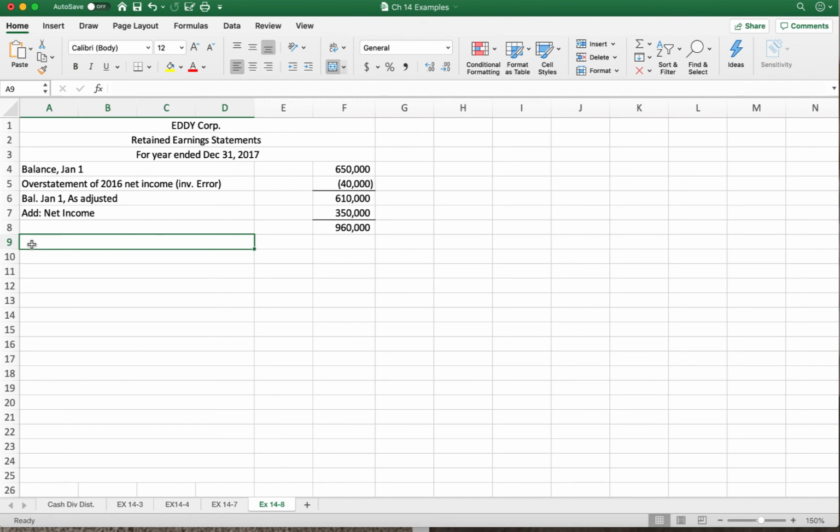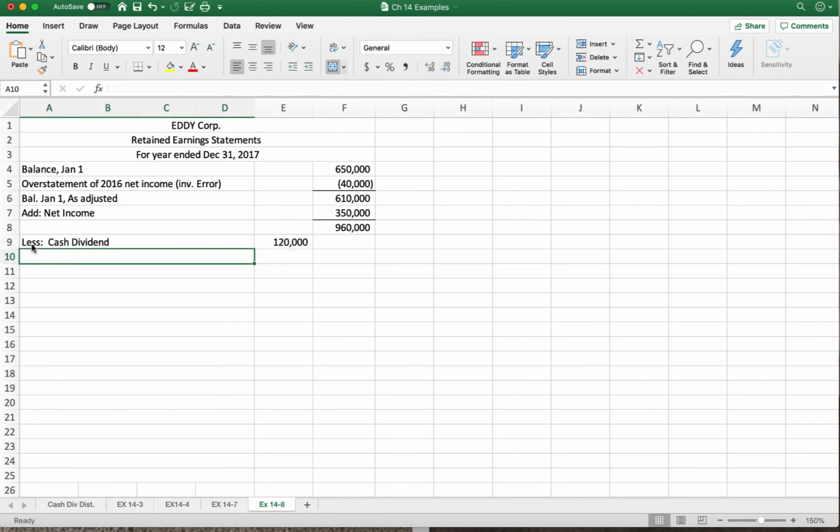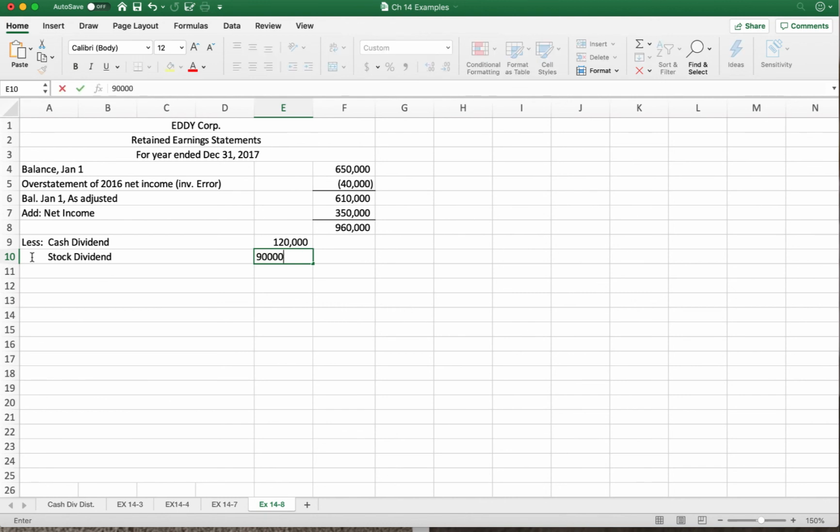And not done yet, right? They told us we paid a cash dividend and a stock dividend. Okay, so I need to subtract out the cash dividend, which they told us was $120,000, and I need to subtract out, I want these to line up nice, the stock dividend, which was $90,000.